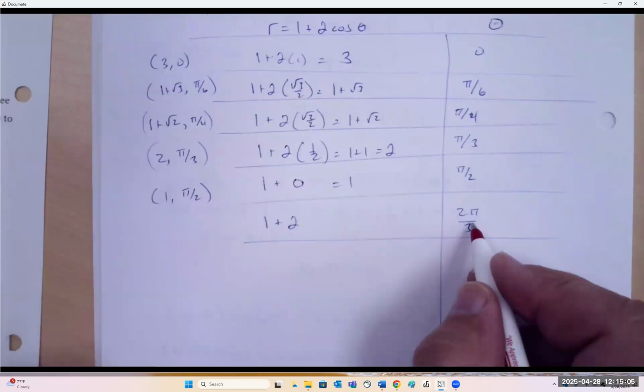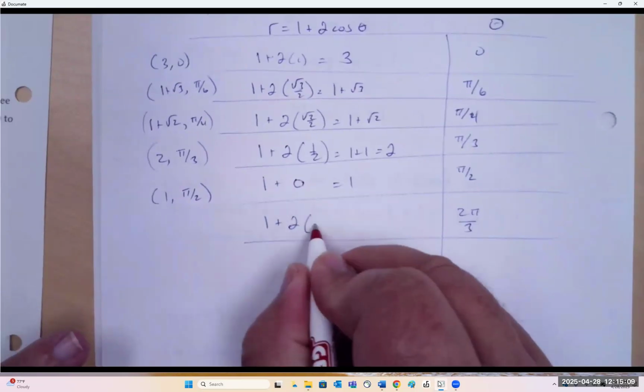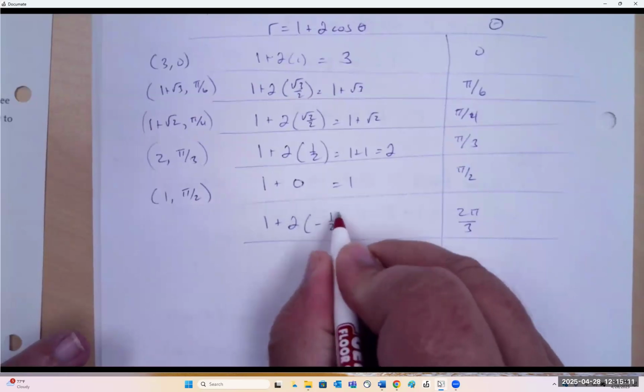Two pi over 3. That puts us in the second quadrant, so it makes it negative 1/2.